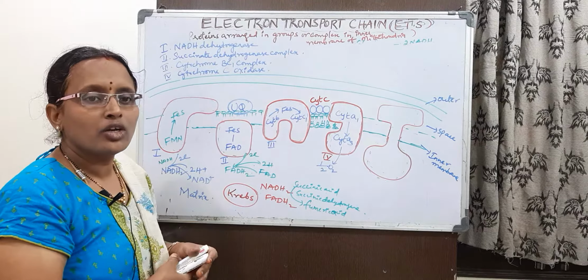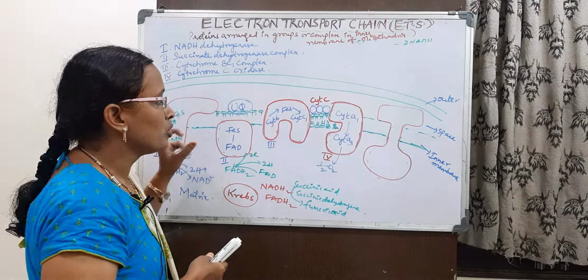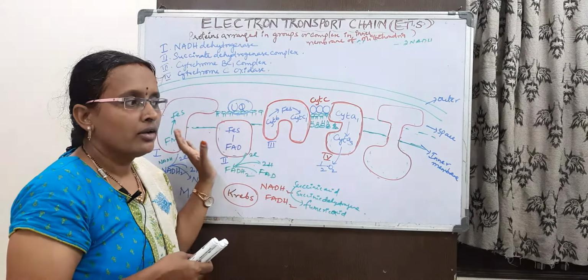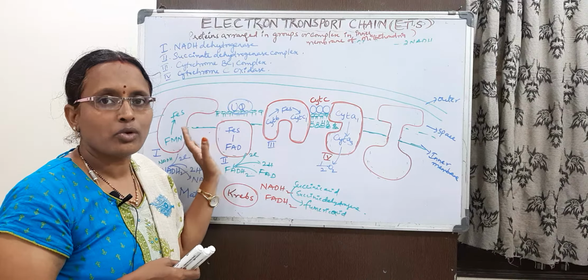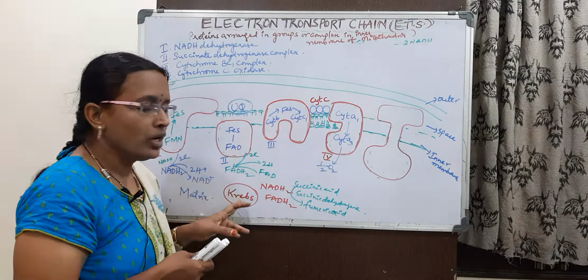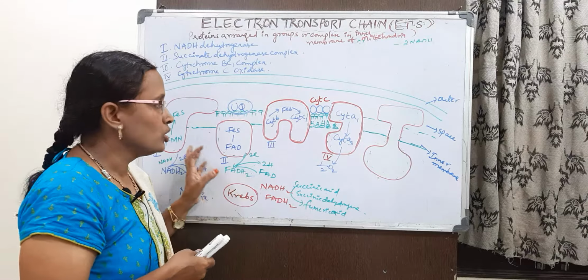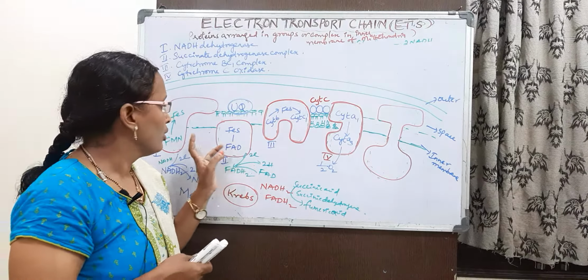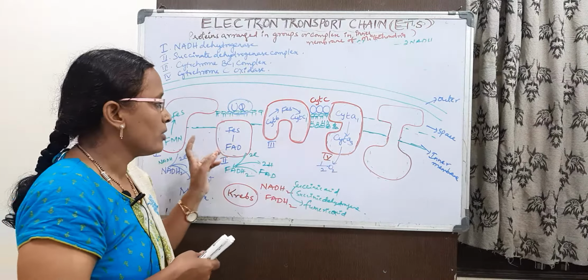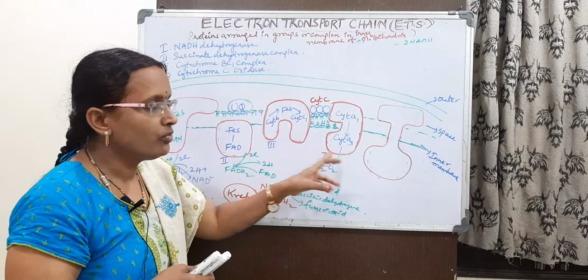In the inner membrane of mitochondria we have several proteins which help in the oxidation of NADH2 and FADH2. These proteins are arranged in complexes: complex 1, complex 2, complex 3 and 4.